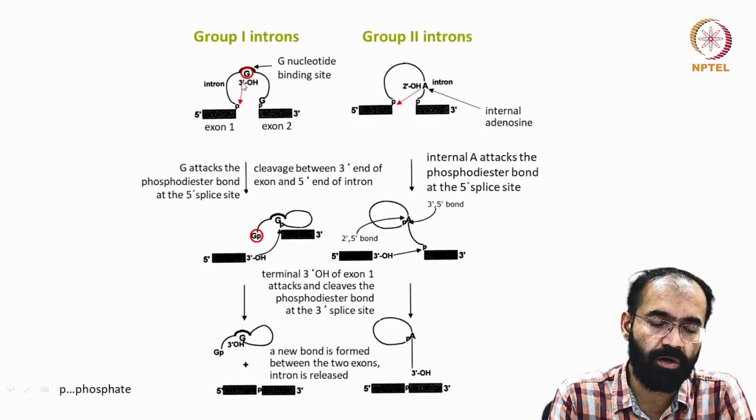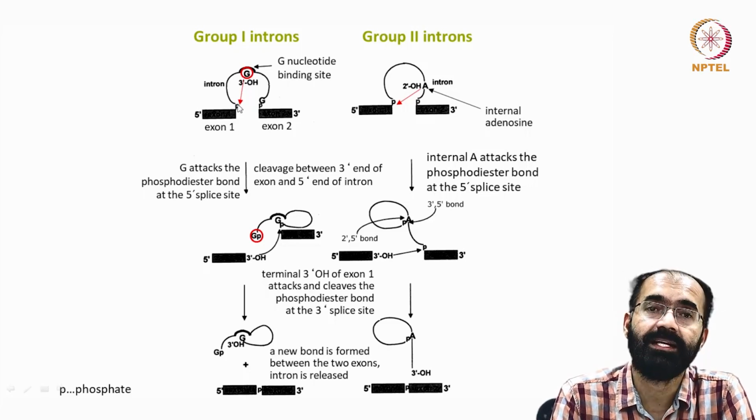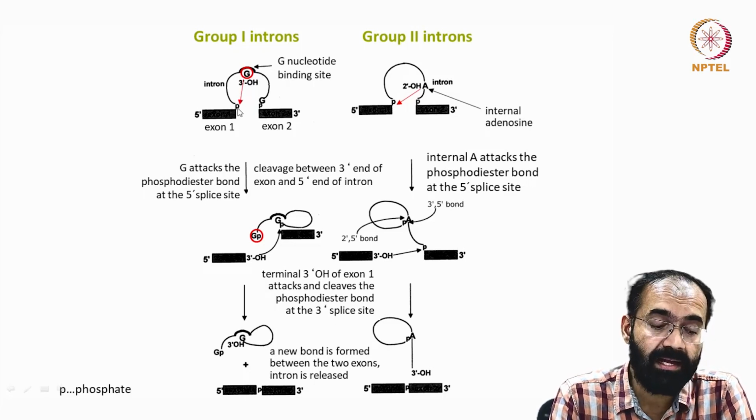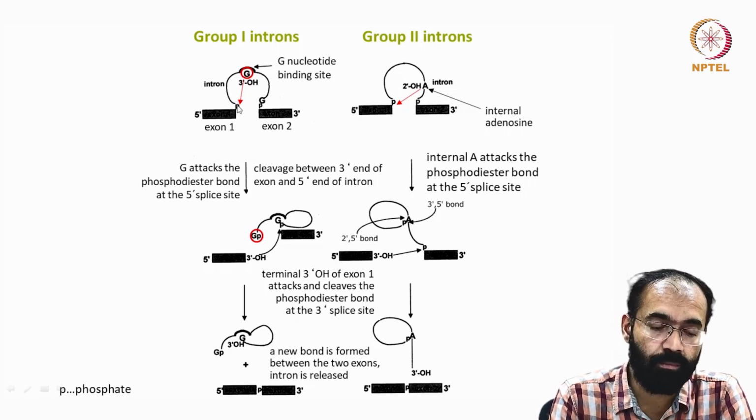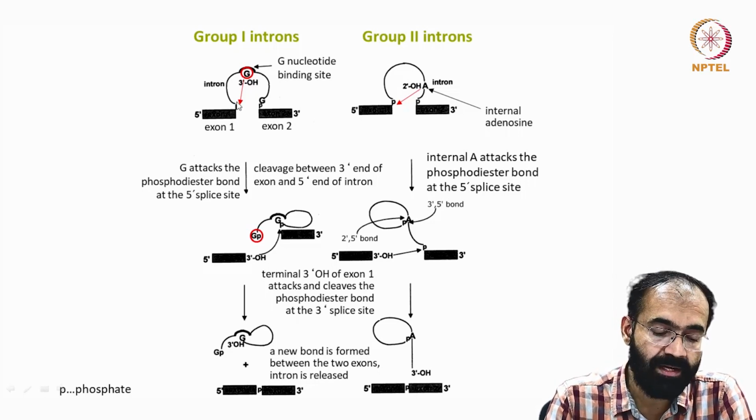So this 3' OH participates in a nucleophilic attack onto the 5' end of splicing, that is towards the end of the first exon. As a result, the exon 1 and intron junction is broken. It is no more connected here. And then what happens?